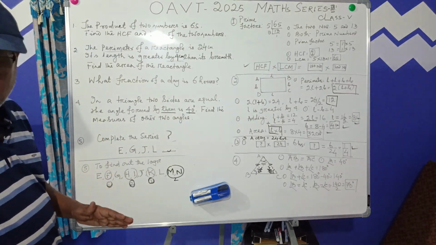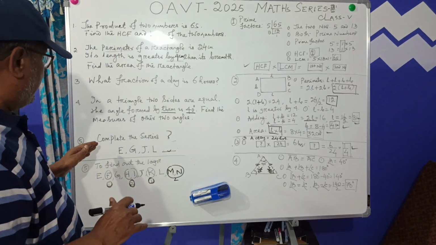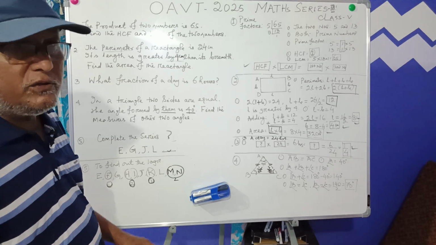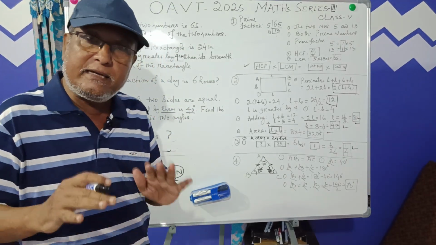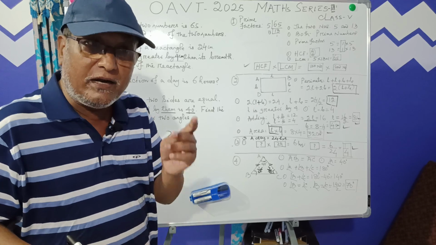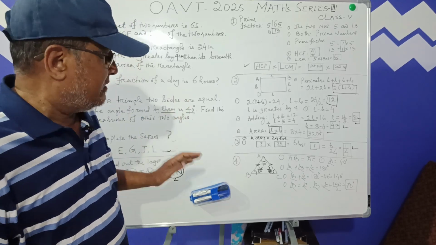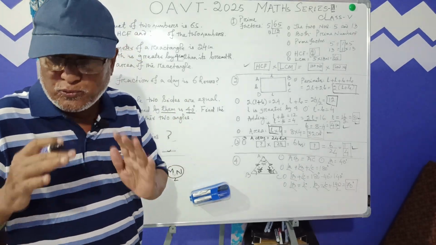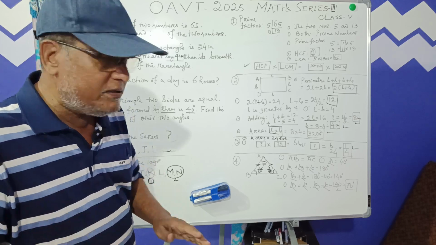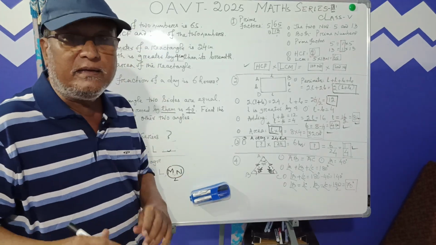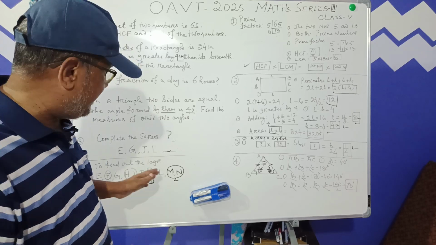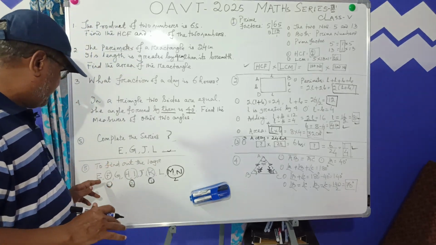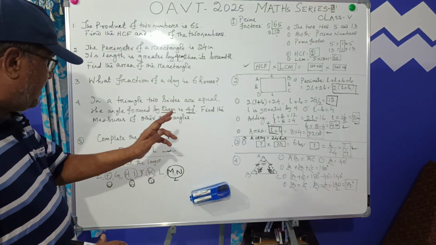Then come to question number 5. Complete the series. Series means one kind of arrangement, and that arrangement is based on a logic or rule. So first try to find out the rule based on which that series has been constructed. Now please write down the letters.